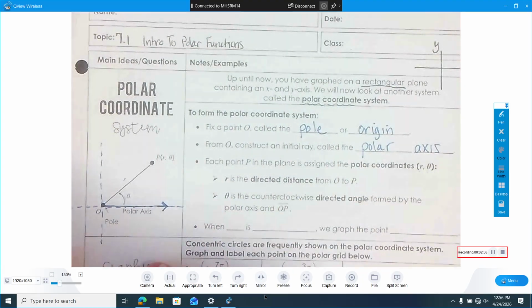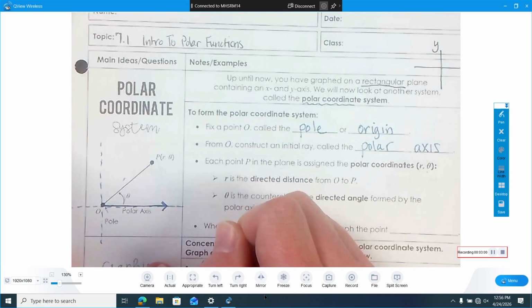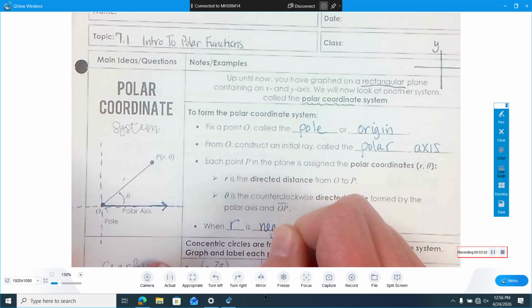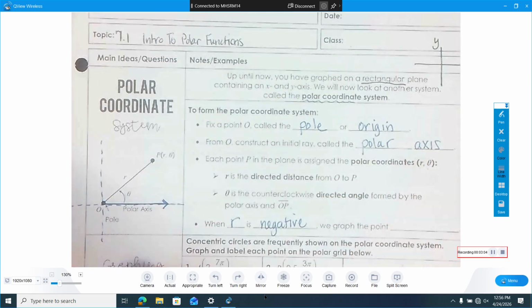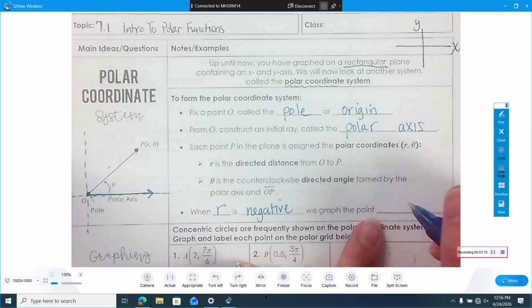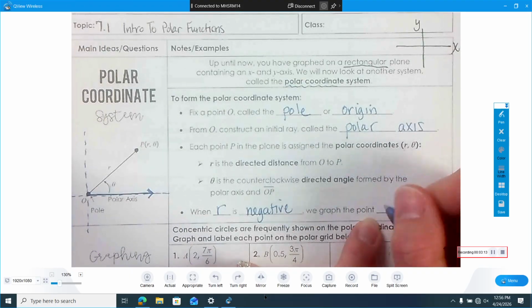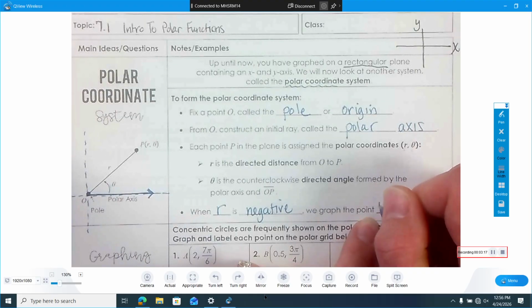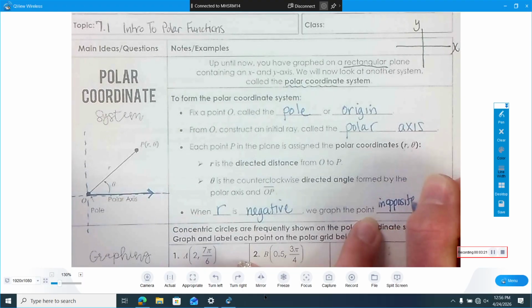But we do have one little thing, and this is the trickiest part. When r is negative, we do something a little different. We graph the point in the opposite direction, exactly the opposite direction.